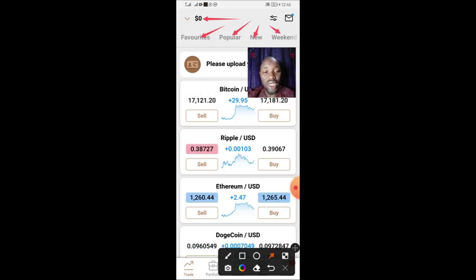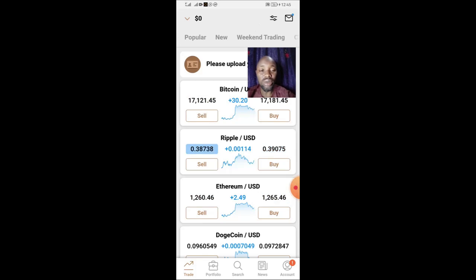Then this weekend here displays the product you can trade during the weekend. That is the weekend trading. Most of this currency, we don't trade them on weekends, but there are some of them that are also traded during the weekends, like cryptocurrency and some of the digital commodity.